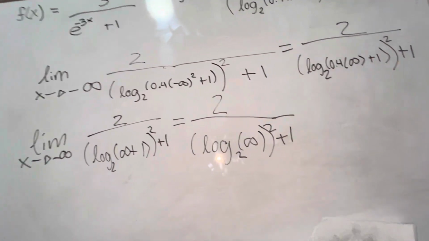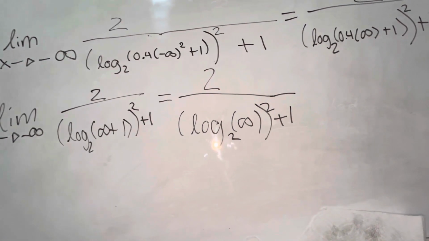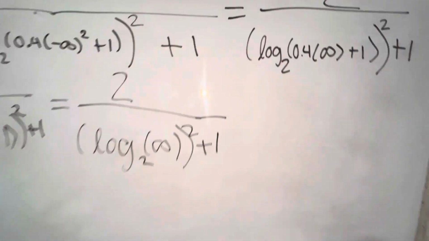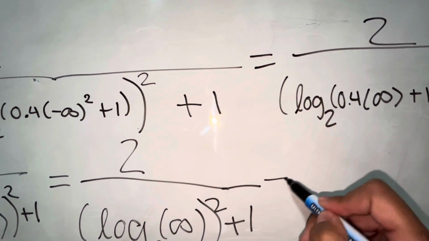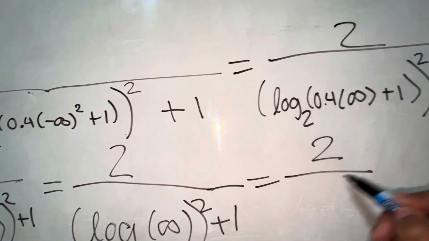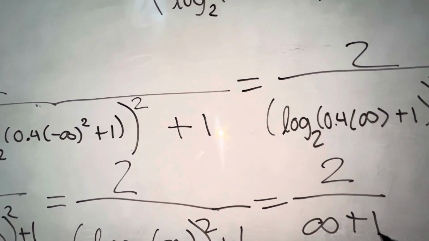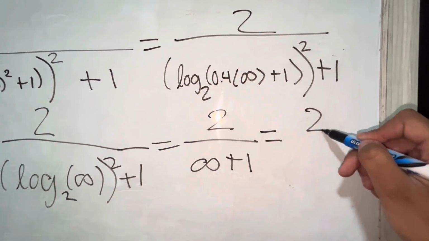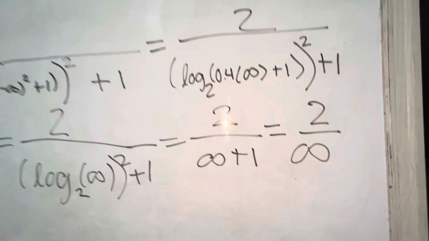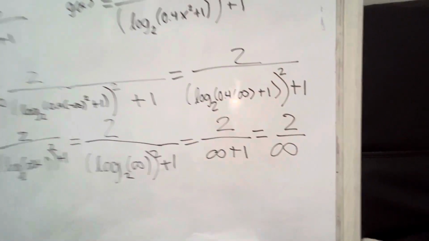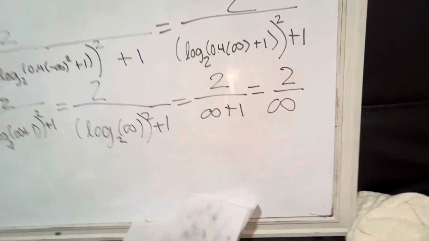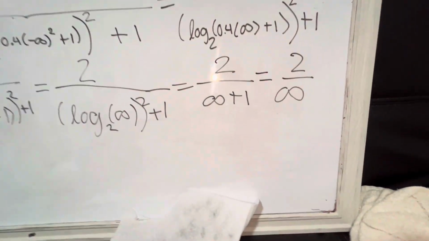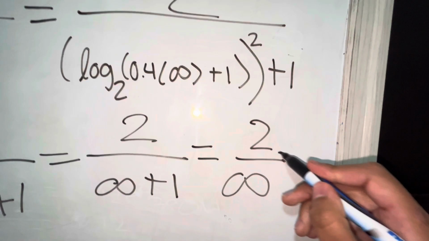So log base 2 of infinity squared is infinity. So then you're going to have 2 over infinity plus 1, which is then, again, 2 over infinity. But because infinity keeps getting bigger and bigger and 2 just stays the same, at that point it's going to be a number so small that it's basically just 0. So you're going to put it as 0.